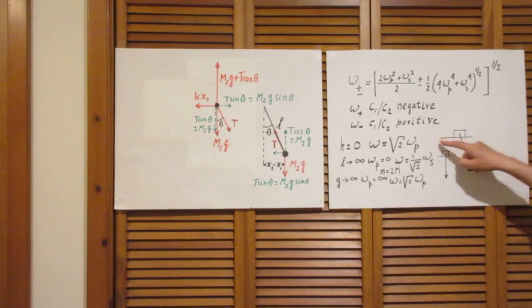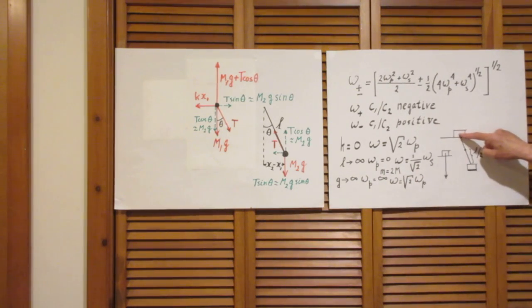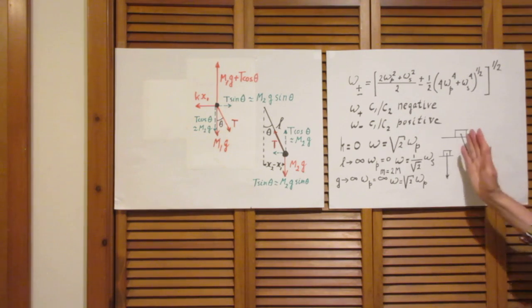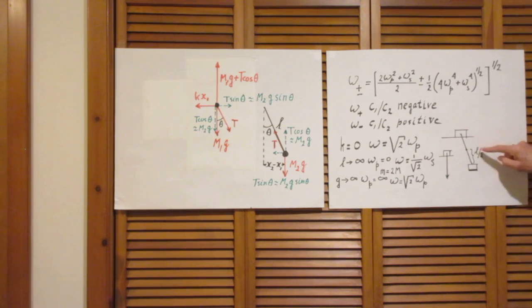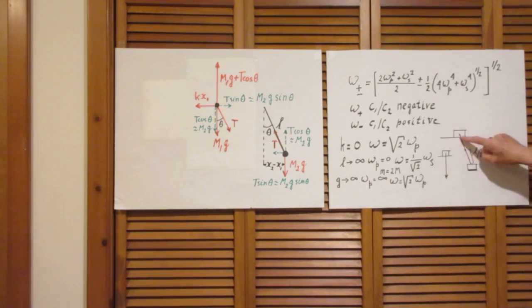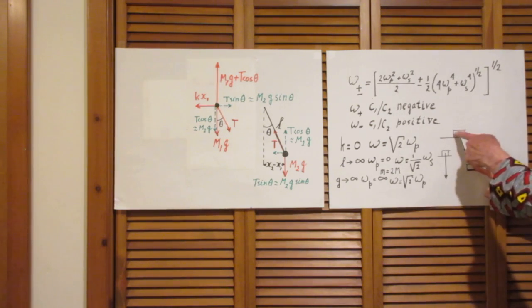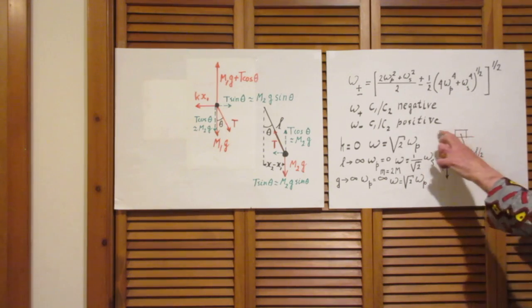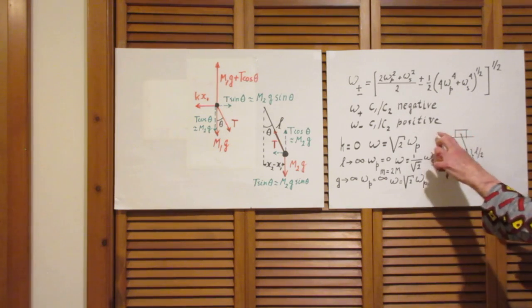So if here is the table, here is M1, here is the string, and here is M2. Since this is frictionless, if this is going to oscillate, then this point here in the middle is obviously going to stand still. And this is what's going to happen. This is not possible, of course. They cannot oscillate in this way.